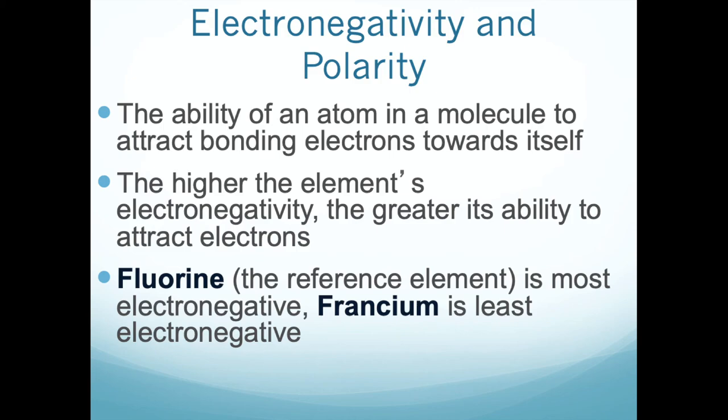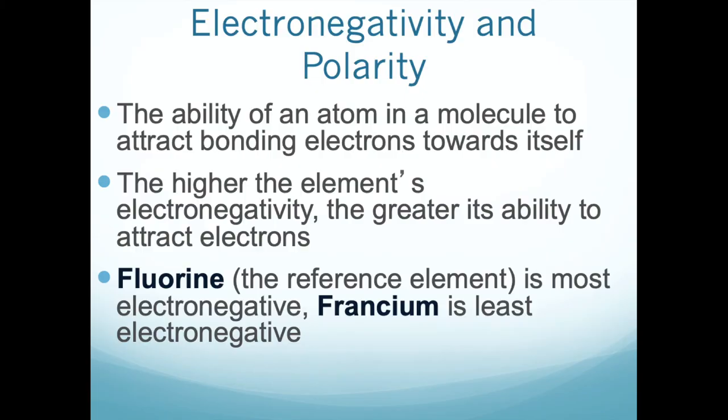It's a way of quantifying that. Now, electronegativity follows the same trend as ionization energy in that atoms typically get more electronegative as you go to the top right of your periodic table.